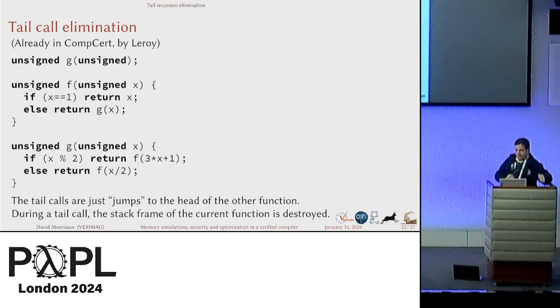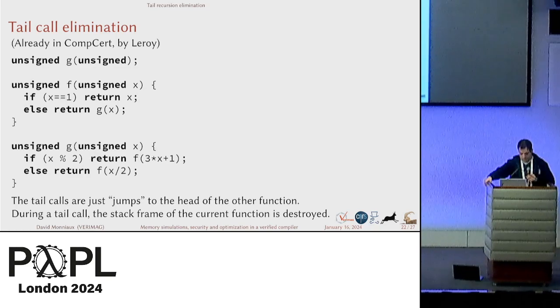Another interesting thing that you can prove with playing with memory relationship is a variant on tail call elimination. So there's already a tail call elimination in CompCert. When you have a call at the tail position inside a function, you can replace it by a kind of jump to the head of the function that you're calling.